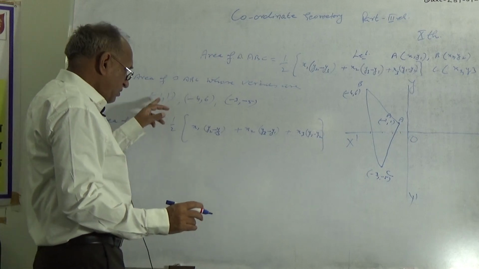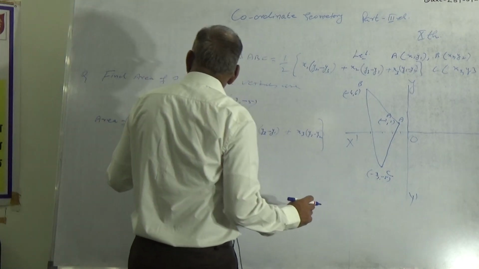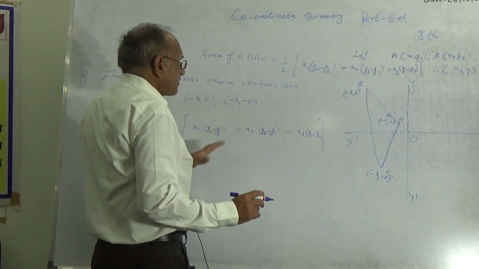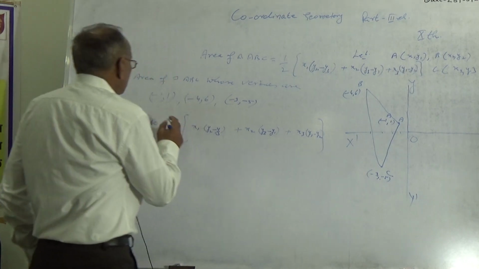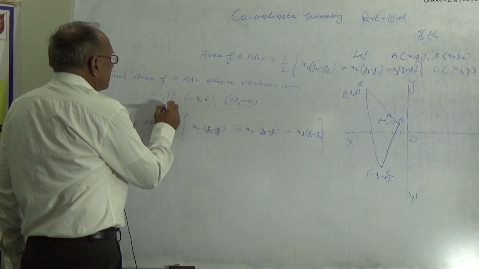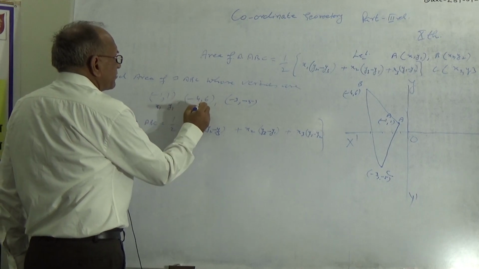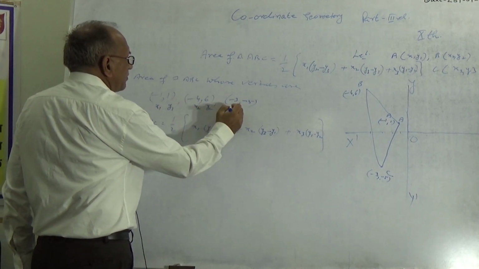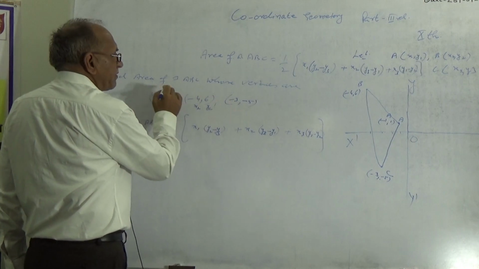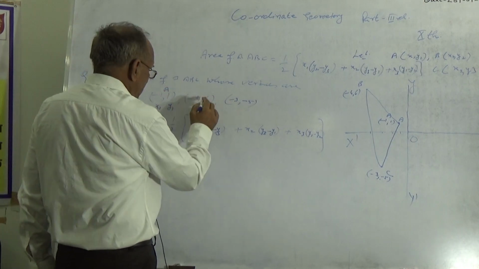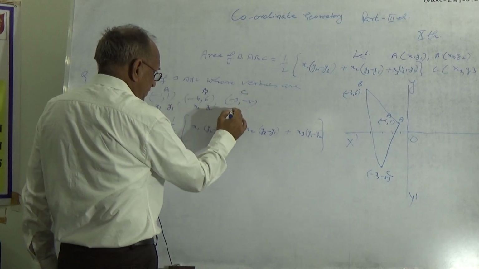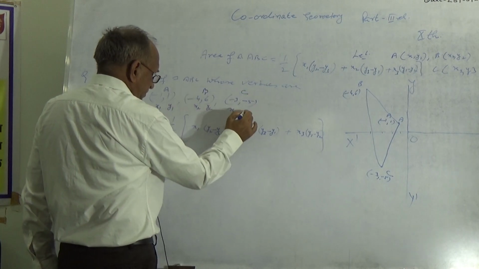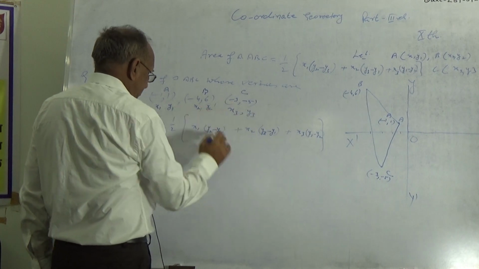Now we put the values of x1, x2, x3, y1, y2 and y3. Here this is x1, y1, this is x2 y2, this is the point A and this is the point B, this is the point C, x3 y3.